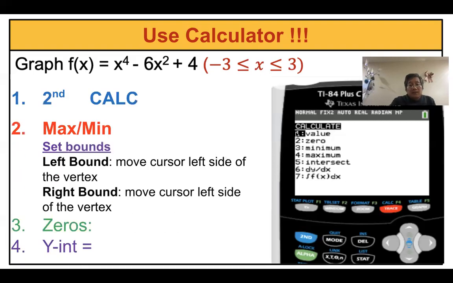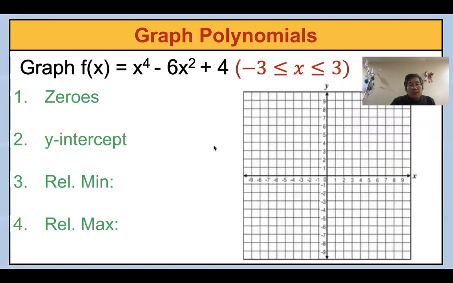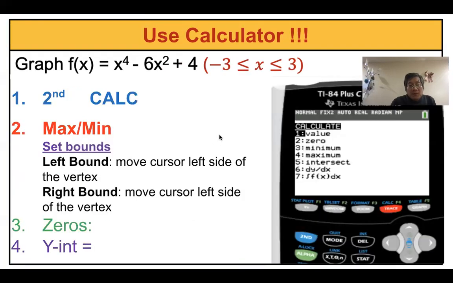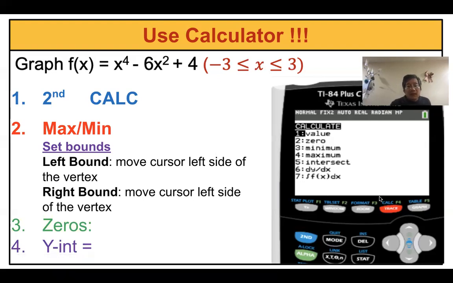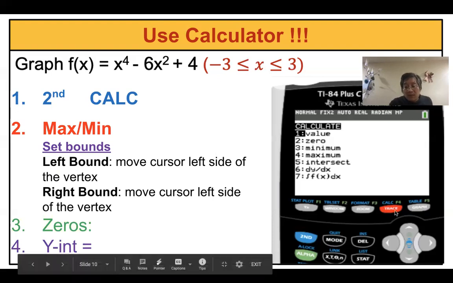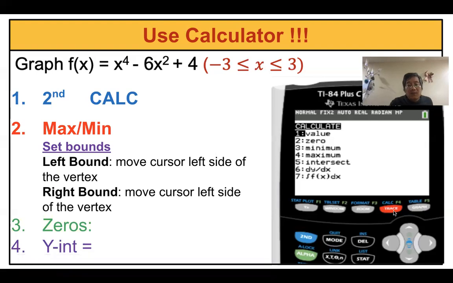Look at the graph. But you remember, when you find the zeros and maximum and minimum, it's the same thing: you go to the second calculation, which is trace here, right? Everything is the same. So go to the second calculation, and then you are going to find the zeros and the minimum and maximum, which are the relative max and relative minimum.